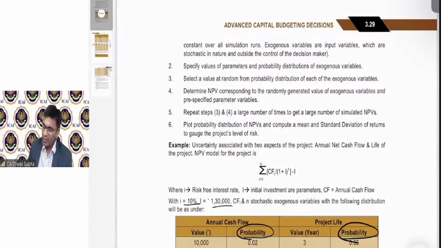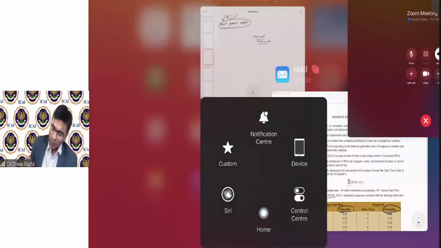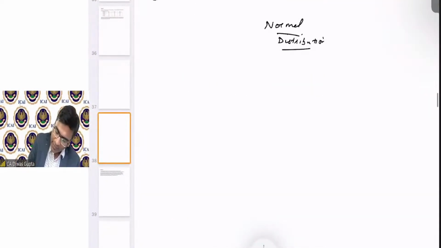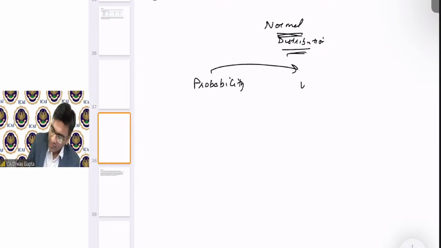But what does the normal distribution table do? It helps you arrive at the value if you input the probability.